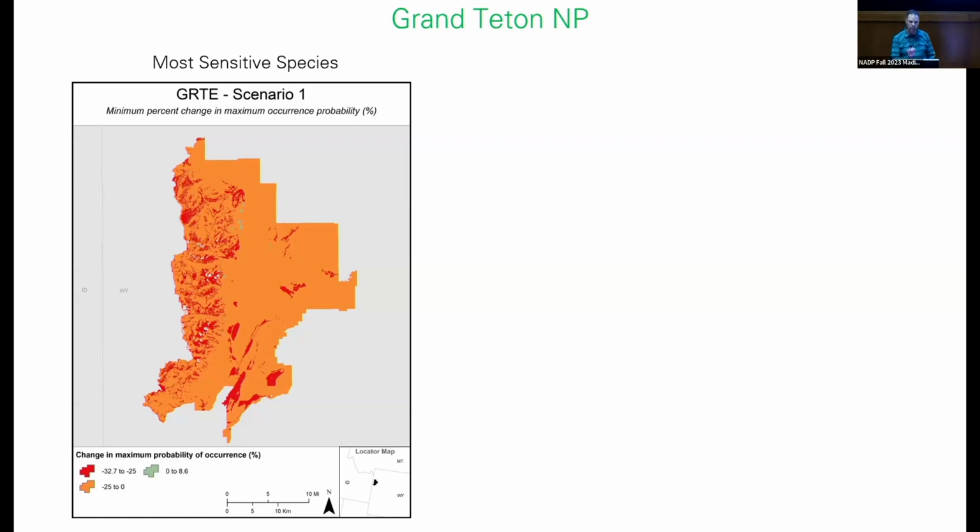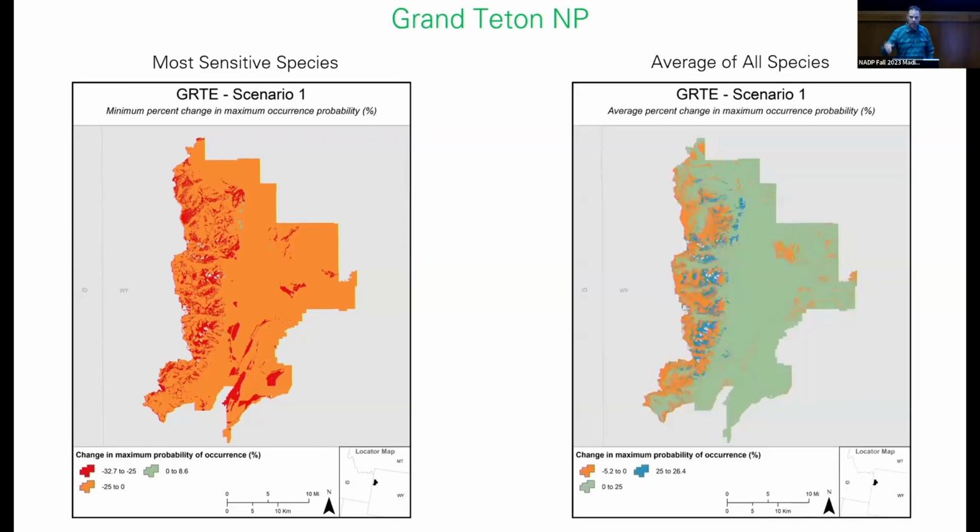There's a few little green specks in there where the most sensitive species in a MAP class is actually an increaser to some extent. And then like we saw on the previous slide for Grand Teton, there actually are a number of species that are favored by warming conditions. However, in those high elevation areas, we still have decreases even on average across all species.